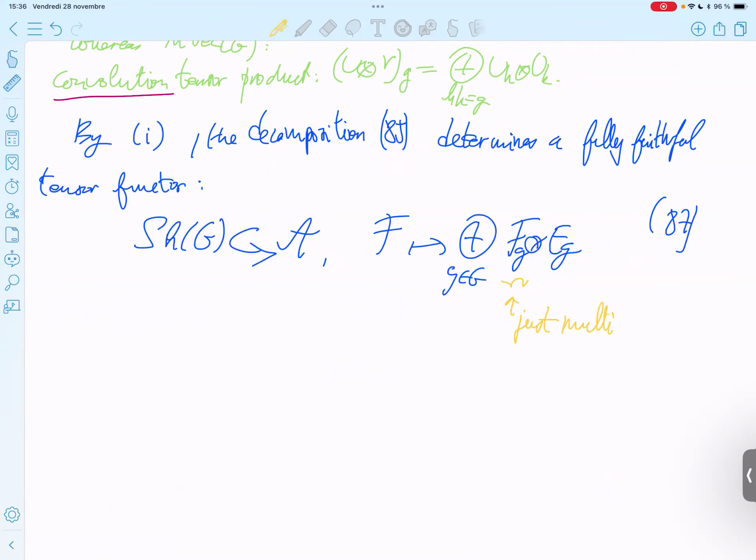Just multiplicity space, if I'm not mistaken.